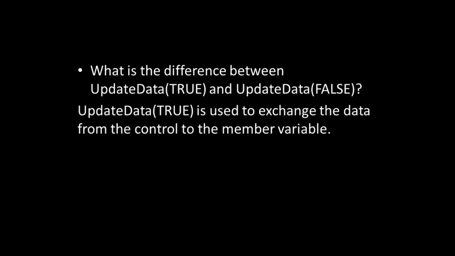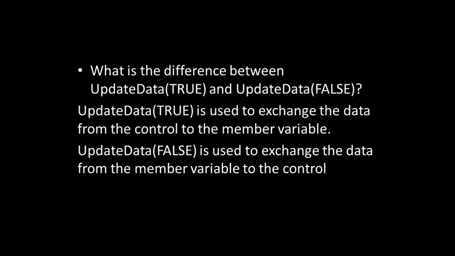So what is the difference between UpdateData TRUE and UpdateData FALSE? So UpdateData TRUE is used to exchange the data from the control to the member variable, and UpdateData FALSE is the reverse. It's used to exchange the data from the member variable to the control.